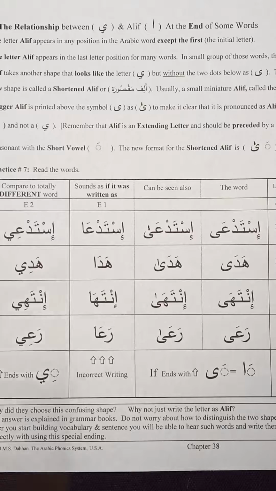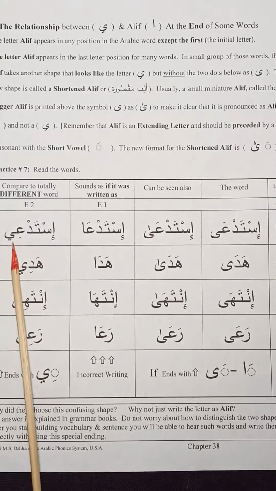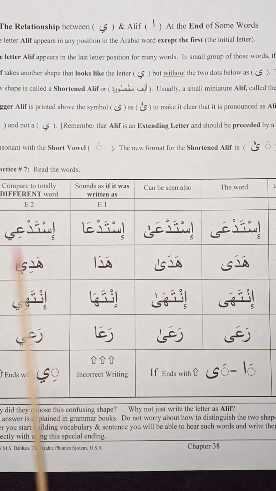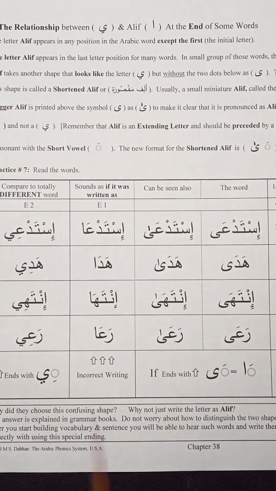A different story, I don't want to get to that. Compare it to a totally different word. This could be istad when there's a vowel here, a totally different story. Istad here, and this istad. Let me move forward. I can't dwell on this a long time. I will look at it more carefully again and see if I can fix it.